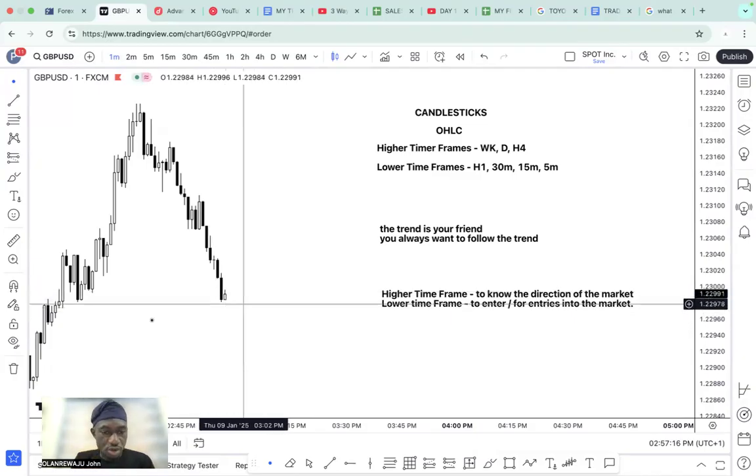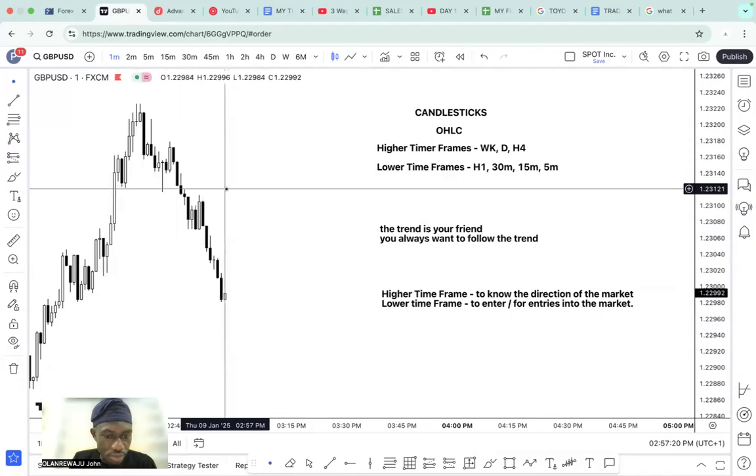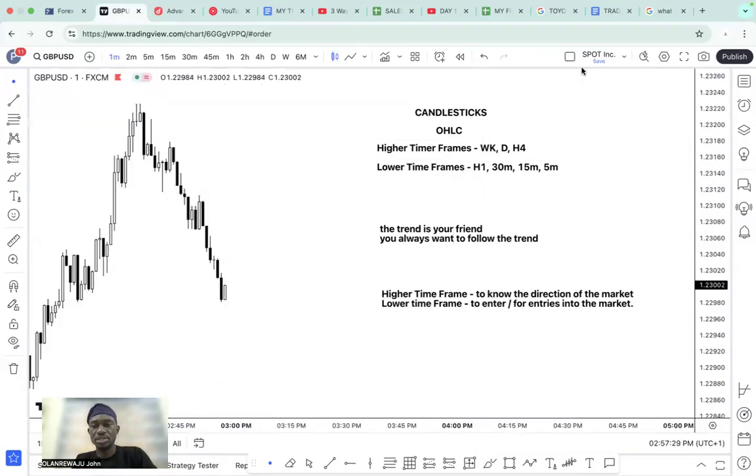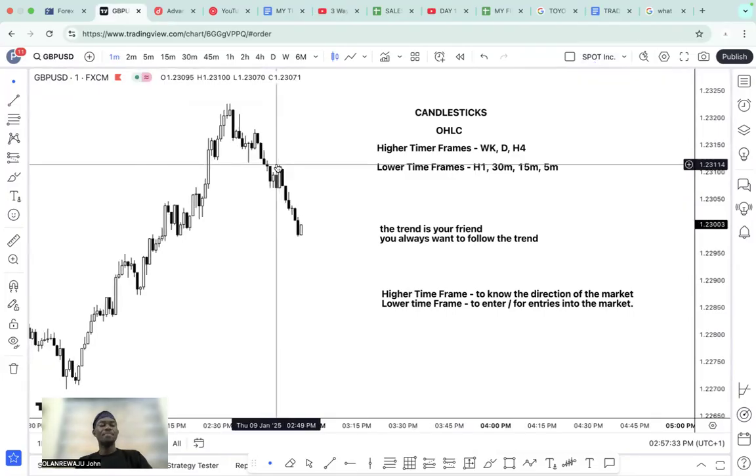So when you put the crosshair on any candlestick, the time you will see below here is the time that candlestick opens. So one of the things I also want you to now take notes about candlesticks is that the time a candlestick closes is the same time the next candle opens.